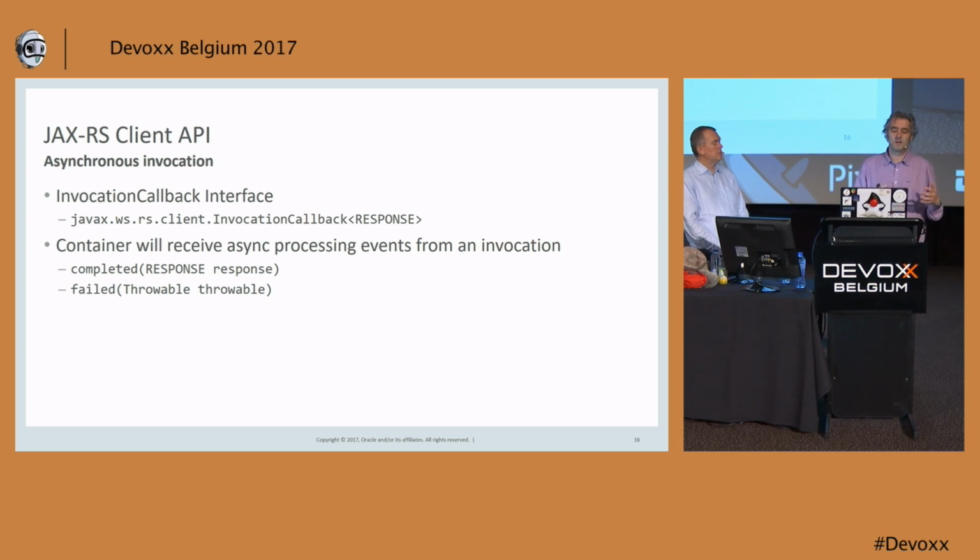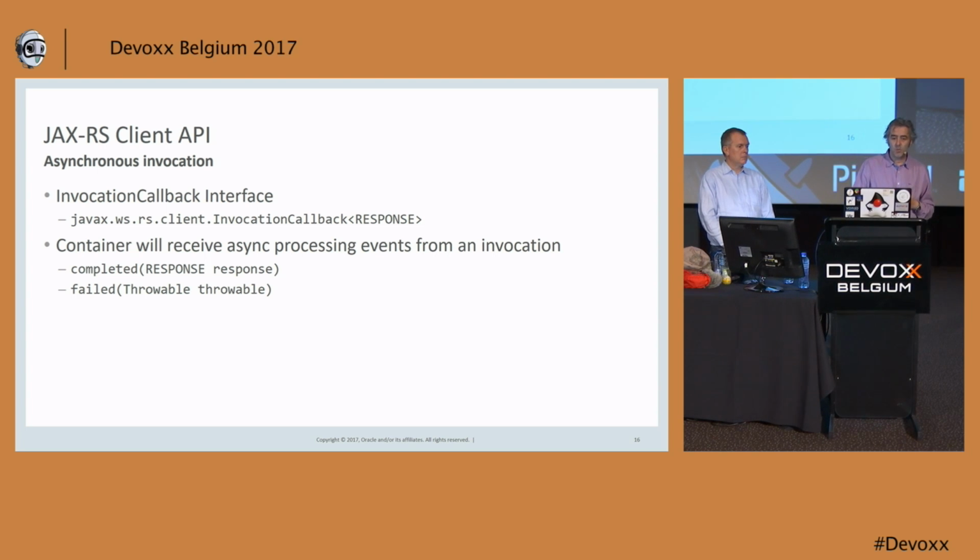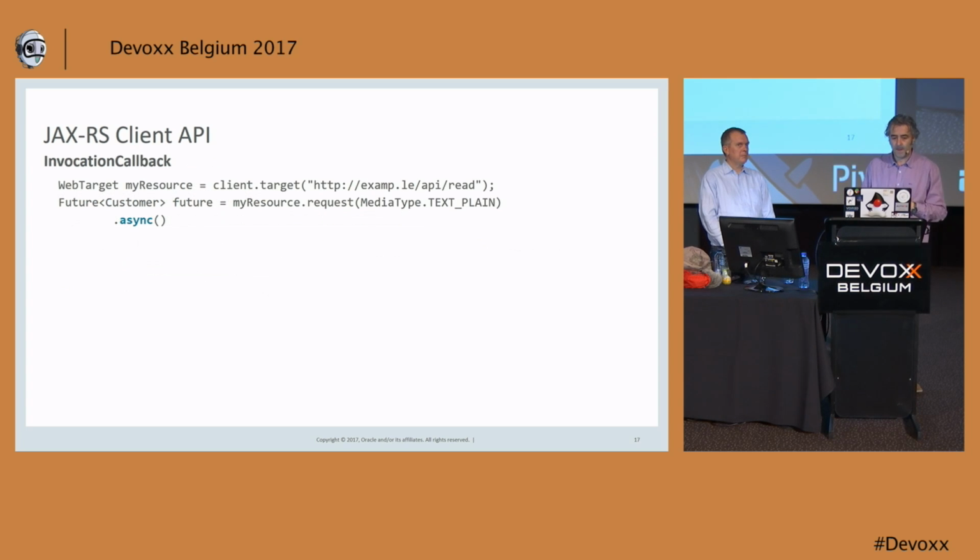The good news is that in Jax-Rs 2, we also have an asynchronous invocation callback facility that allows us to work around that blocking issue. So we have an invocation callback with 2 methods. The first method is completed. That completed method will be invoked whenever we have the result from the remote endpoint. And then we have the fail method that will be invoked if something goes wrong. So it works like this.